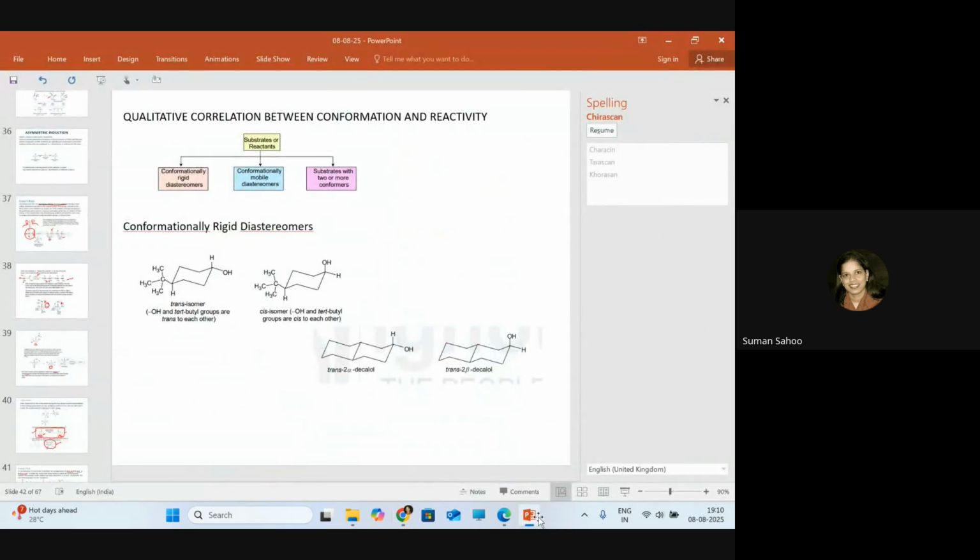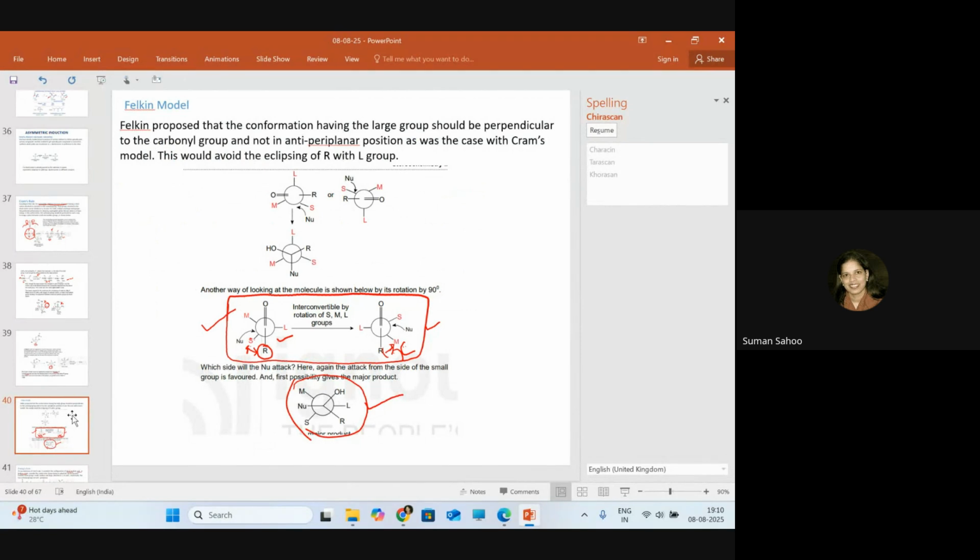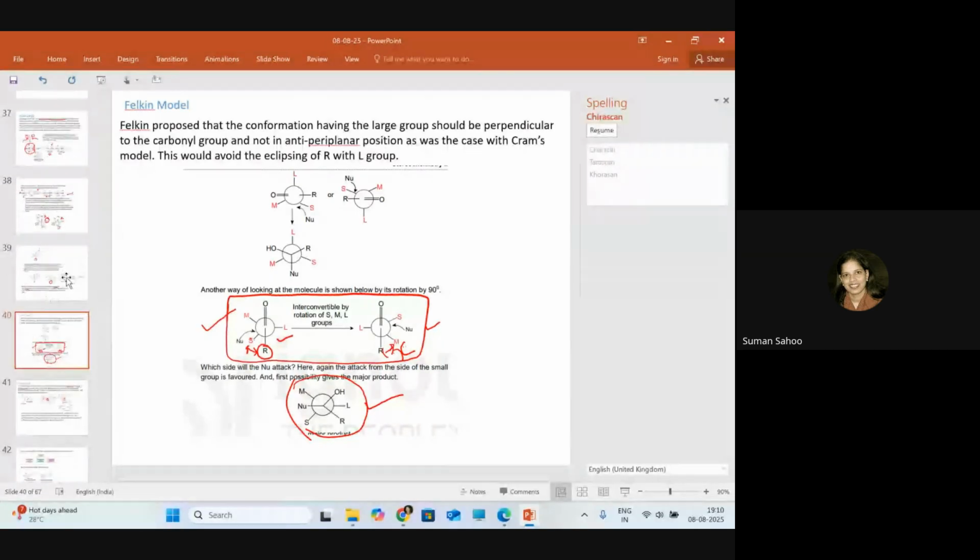So till now we have discussed what configuration is, how we determine configuration, what prochiral centers are, then enantiotopic faces, enantiotopic ligands, and how to predict your product if you already have a chiral group, by Cram's rule, Felkin's model, and the last one, Prelog's rule.